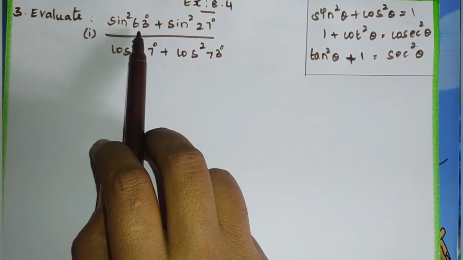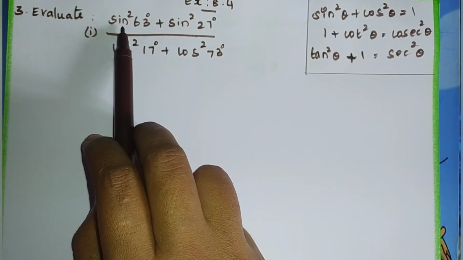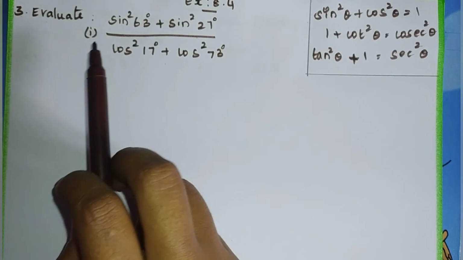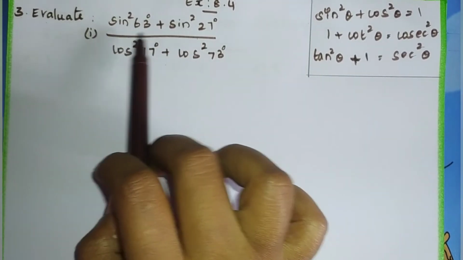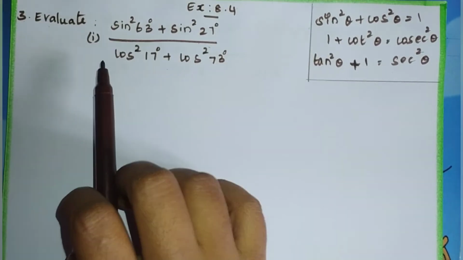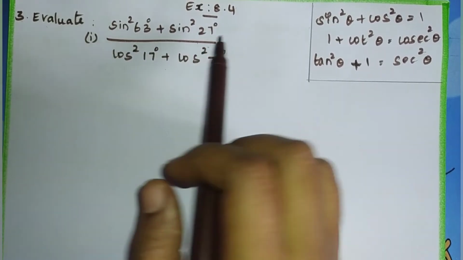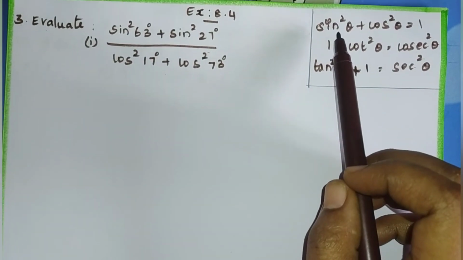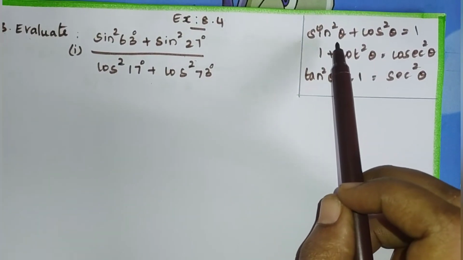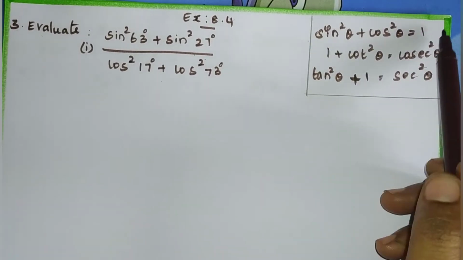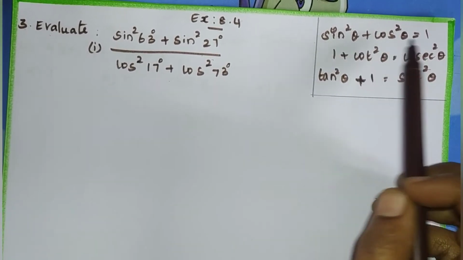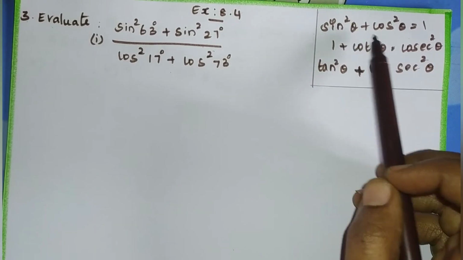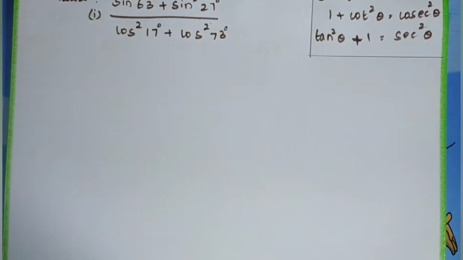Sine square plus sine square: is there any formula for that? No, we don't have any formula. Instead, we have a formula for sine square theta plus cos square theta.